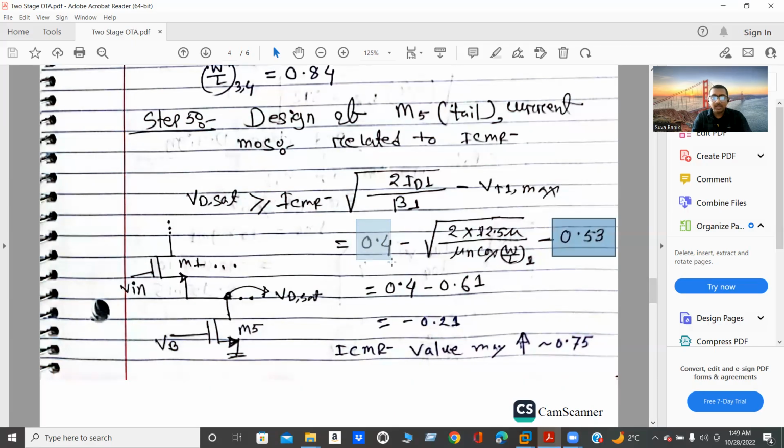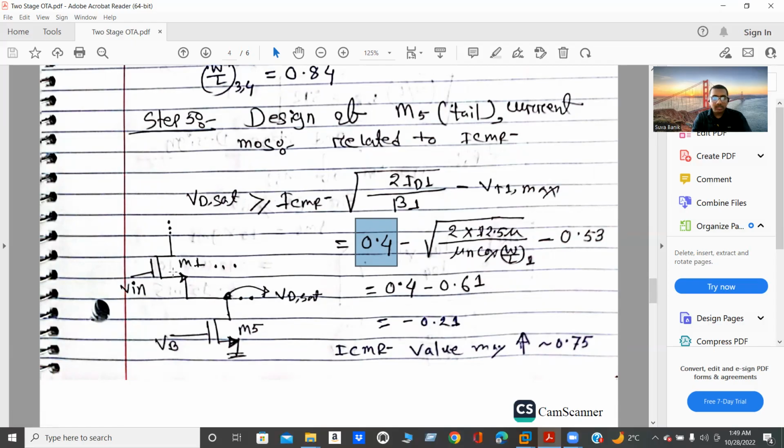Otherwise, I can increase the ICMR minus value. But it's really very hard to play with the threshold voltage of a MOSFET. However, I believe I can use ICMR minus greater than or equal to 750 millivolt. In this case, all of my circuitry might be in saturation mode.